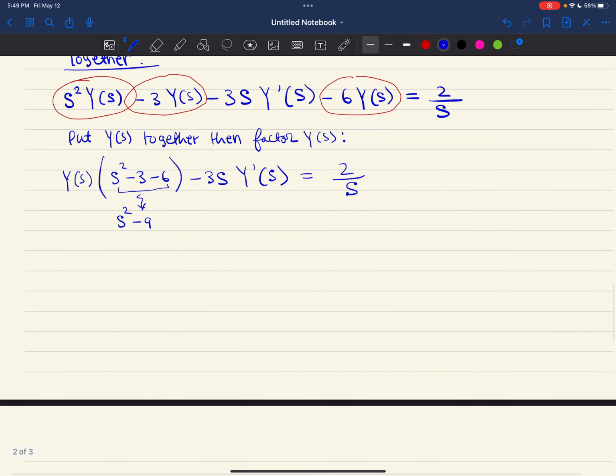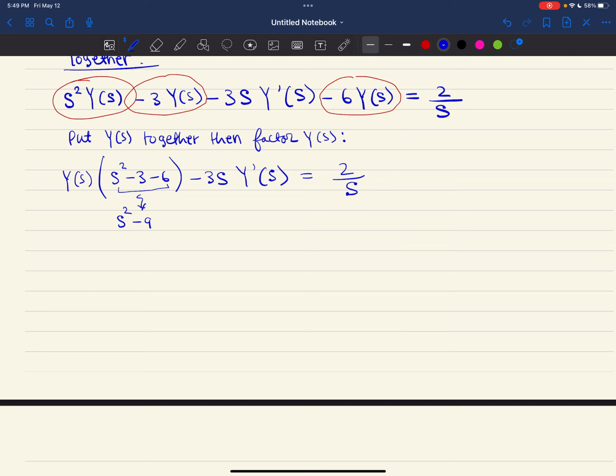Do I want to factor it out, or how do I want to proceed from here? Yeah, let's factor it out, because I know we have to use something called the integrating factor method here.